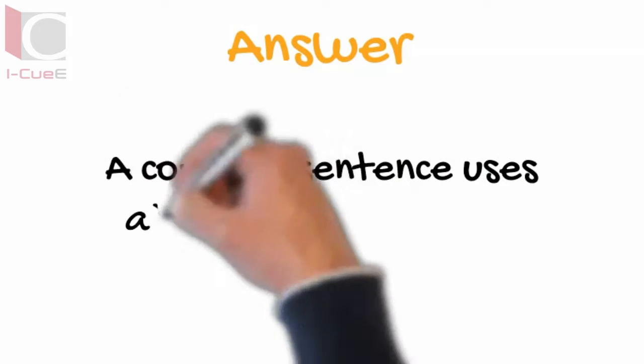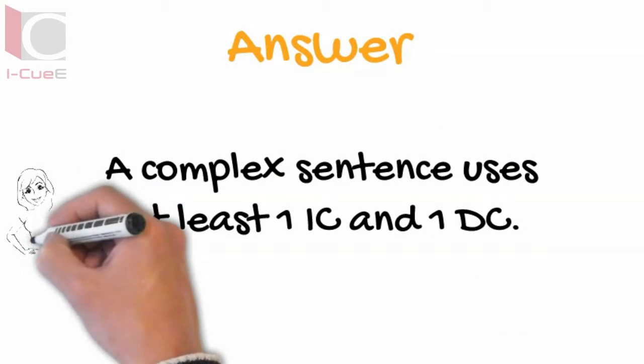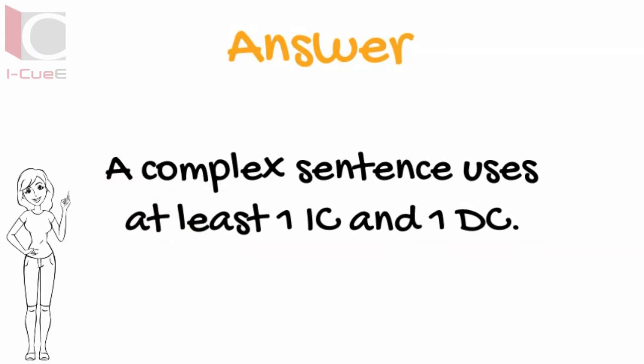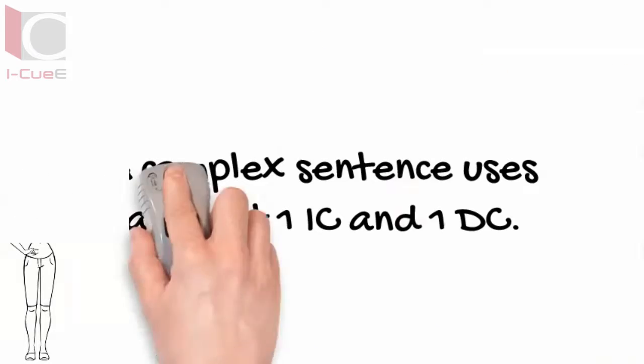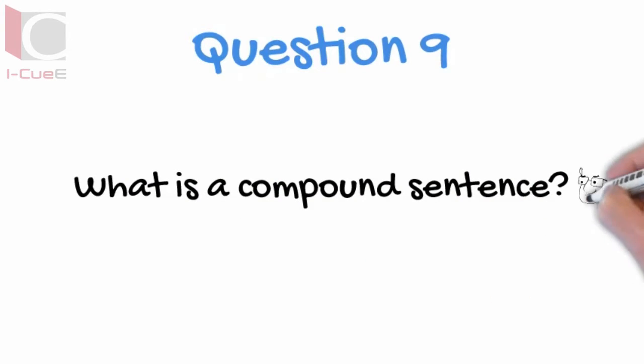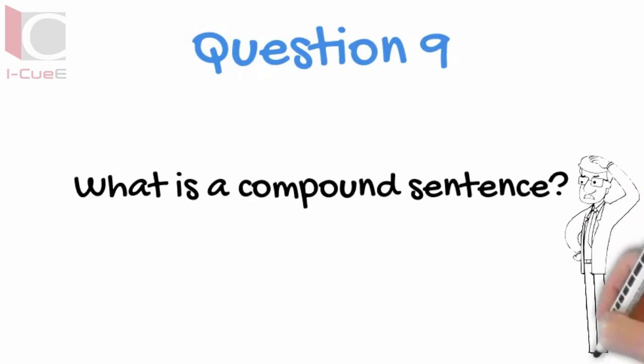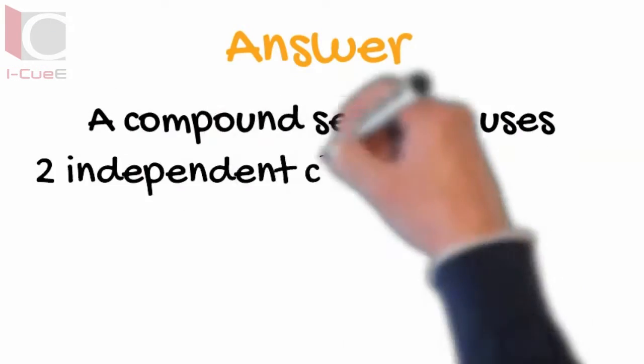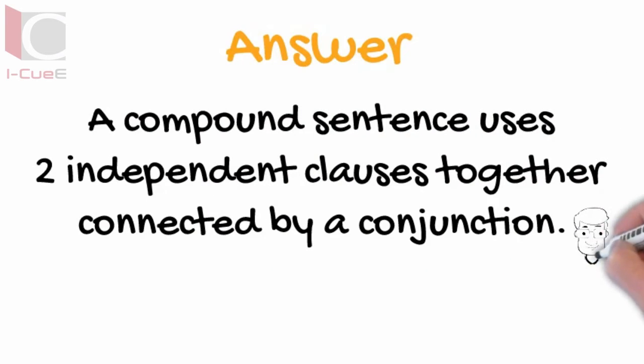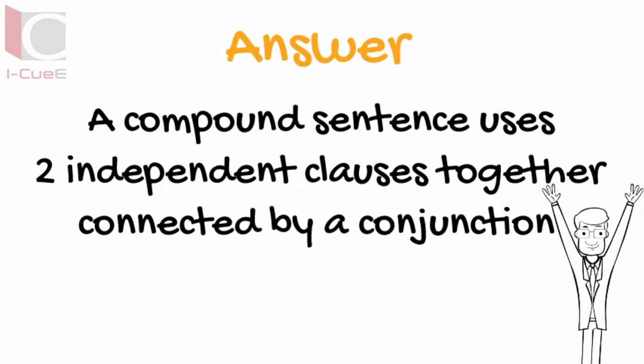A complex sentence uses at least one independent clause and one dependent clause. What is a compound sentence? A compound sentence uses 2 independent clauses together connected by a conjunction.